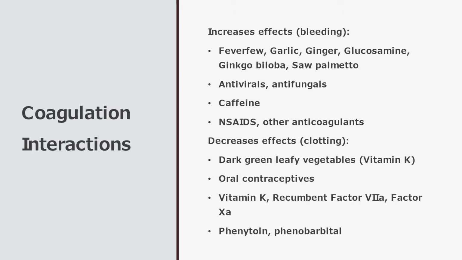Coagulation interaction. This is going to be for this entire classification of blood thinners, the anticoagulants. In general, any of these medications that you mix with feverfew, garlic, ginger, glucosamine, ginkgo biloba, and saw palmetto are going to increase the effects of any blood thinner, because they are already herbal supplements that promote perfusion.